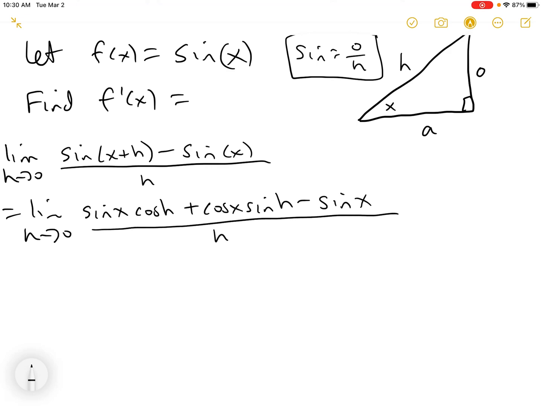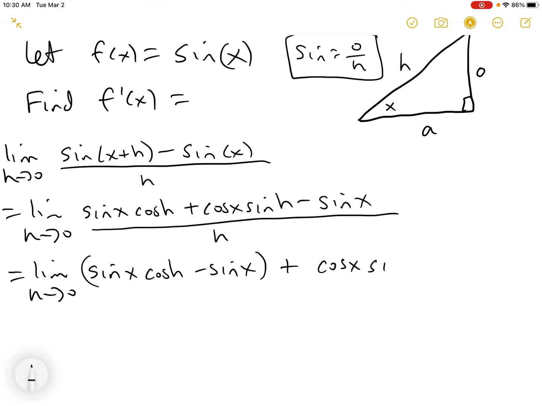Okay. I'm going to collect the sines. So I have sine x cosine h minus sine x plus cosine x sine h all over h. Okay, we're going to break this up into two limits.